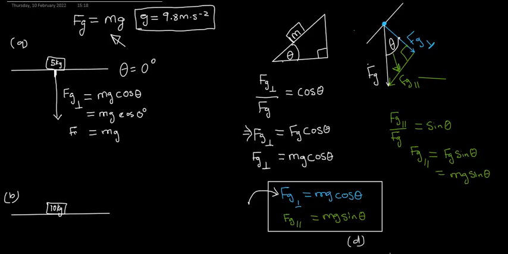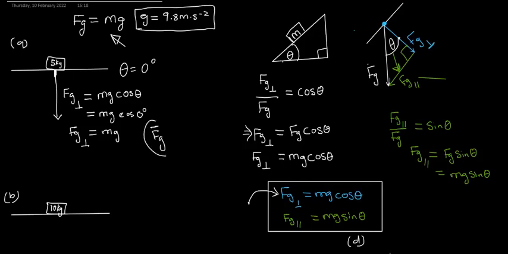So Fg perpendicular when the surface is horizontal is just equal to mass times gravity, which is equal to Fg, the original Fg.